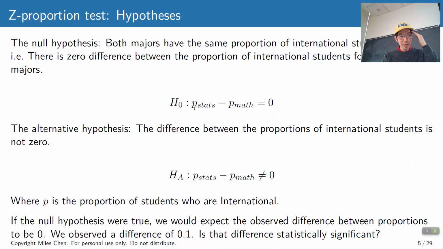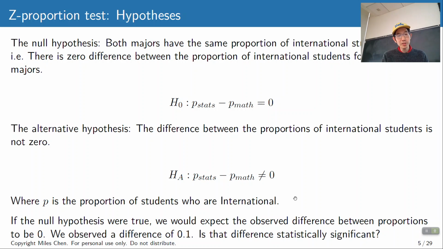The difference between the population of stats majors and the population of math majors who are international students is 0. The alternative is that there is a difference between the proportions, and that difference is not 0.